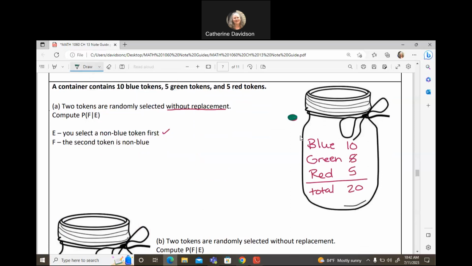But we don't replace them. It's without replacement. So we only have 4 green, and then the total we have in the jar is 19. Now, here's where it comes into play. The second token is non-blue. So how many non-blue tokens do we have now? We have green and red, so that's 9, over the total left in the jar, which is 19.